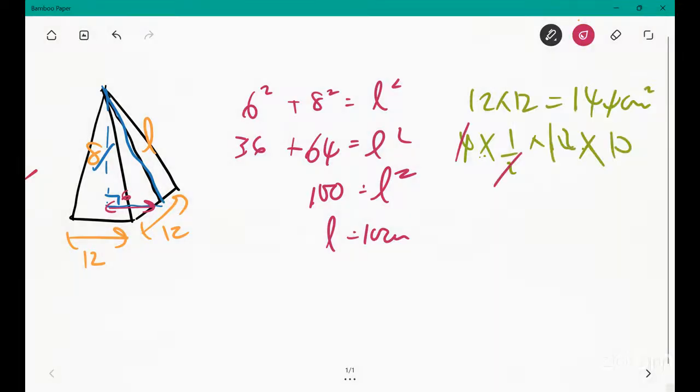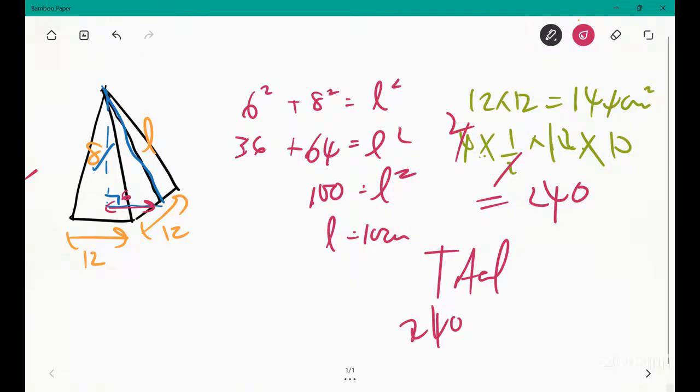So this 2 gets cancelled. 120 into 2 is 240. So now the total area is 240 plus 144, which gives you 384 centimeters squared.